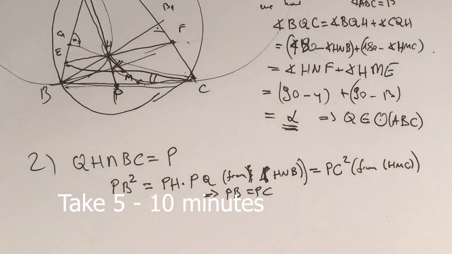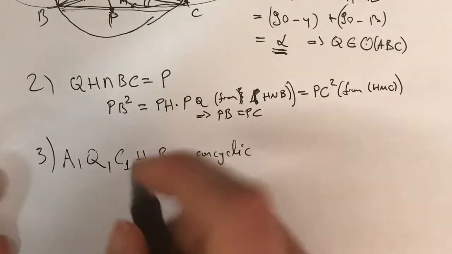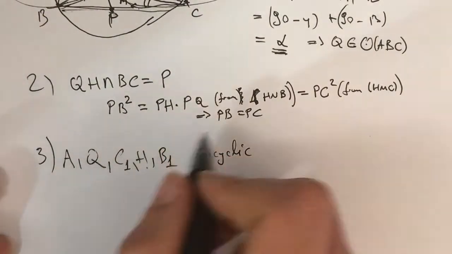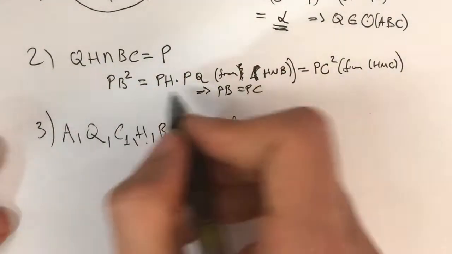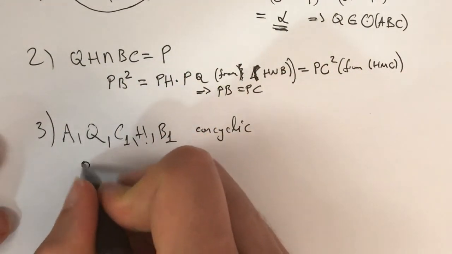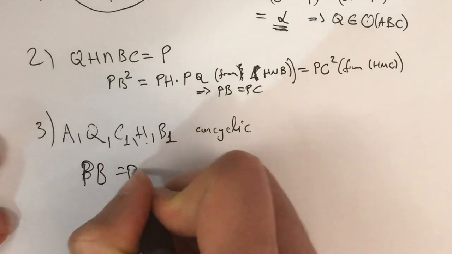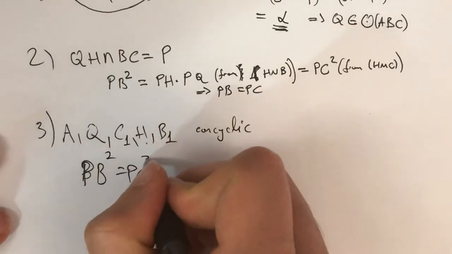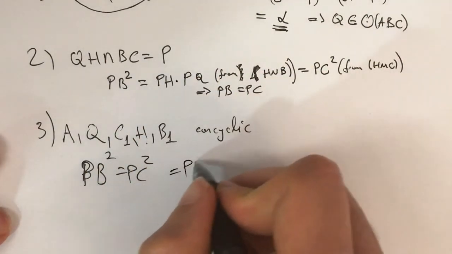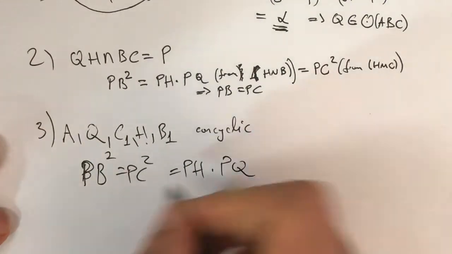And now the next idea is that A, Q, C1, H, and B1 are concyclic. We have this because we know that PB is PC, because it's the midpoint, and PB squared is PH times PQ.